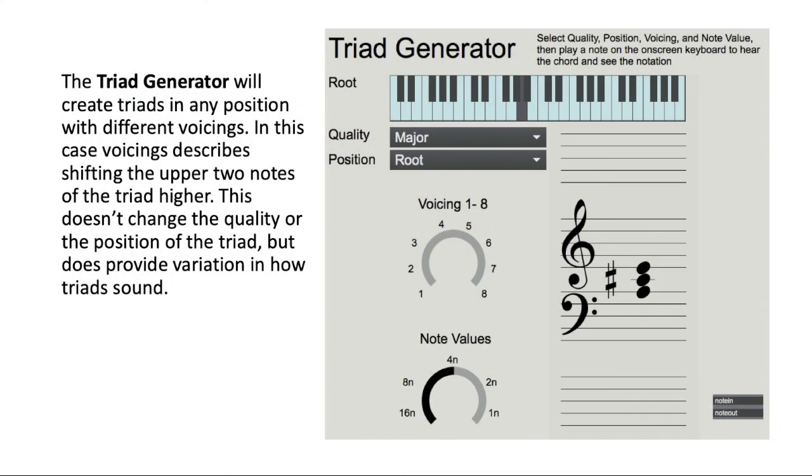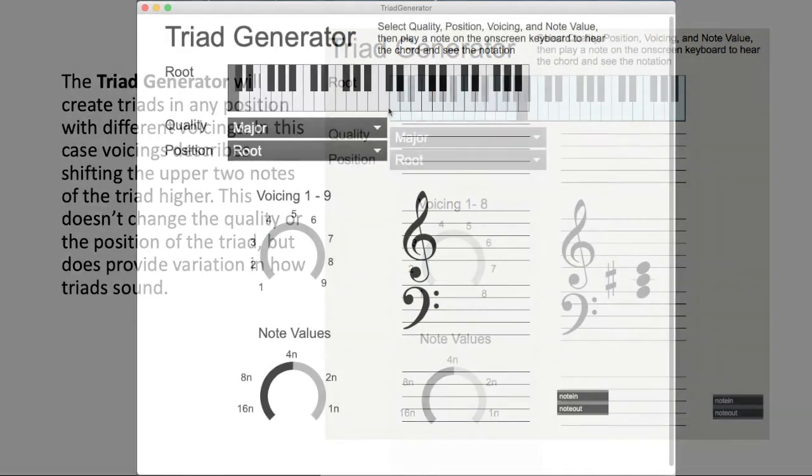The Triad Generator will create triads in any position with different voicings. In this case, voicings describes shifting the upper two notes of the triad.